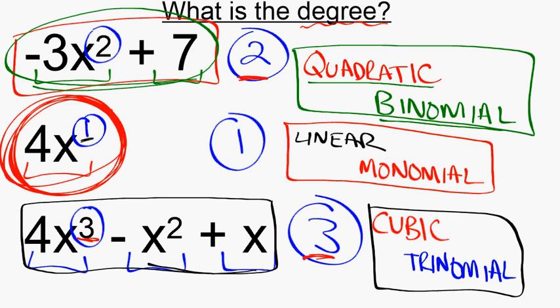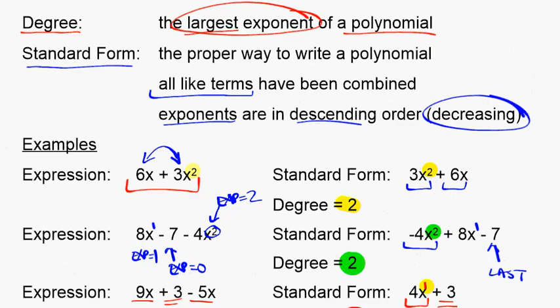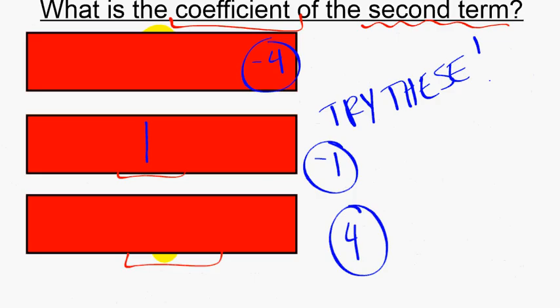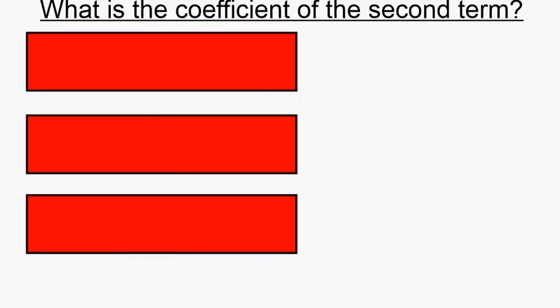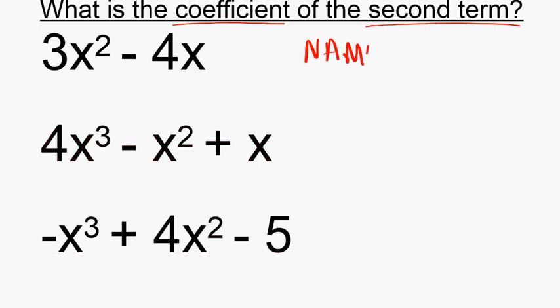So what I want you to do is go back to the beginning of these practice problems, all the way to this one here. For these 3 polynomials, the question was, what is the coefficient of the second term? What I want you to do is name every single one of these. Name based on the degree and number of terms.